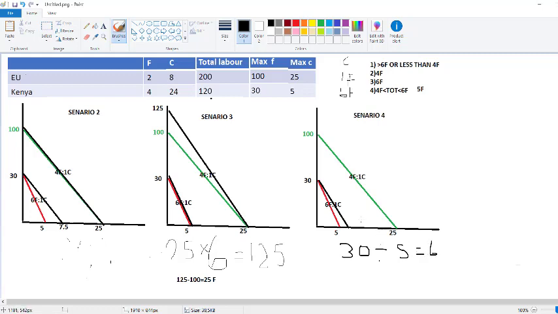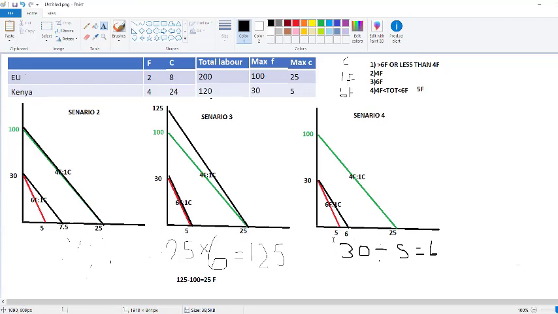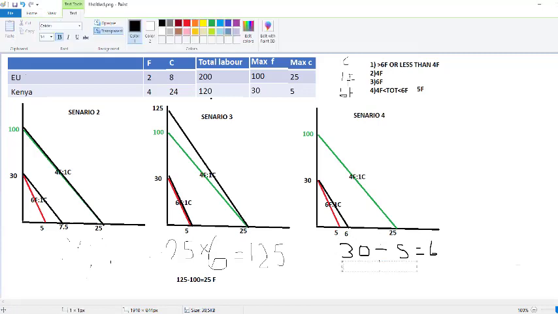So this value here is 6. So what do they gain? Kenya would have gained 1 carbon, and you need to write it there. Kenya gains 1 carbon, 6 minus 5.